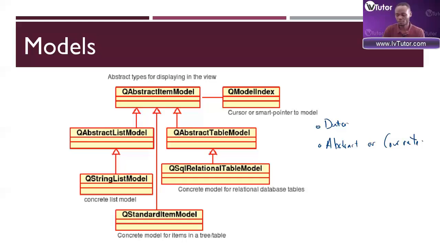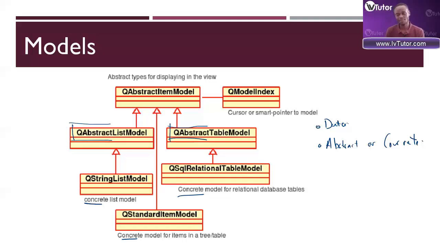What I love about these models is that the names tell you whether it's abstract or not. So the QAbstractListModel is used for list data. QAbstractTableModel is used for tabular data. QStringListModel, this one now is a concrete model. And the same goes with the QSqlRelationalTableModel and the QStandardItemModel. So you have to understand which ones are abstract and which ones are concrete.